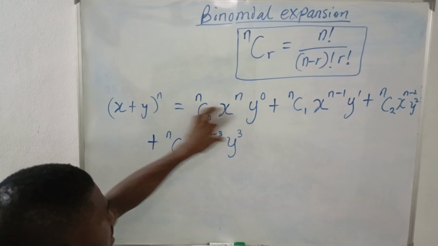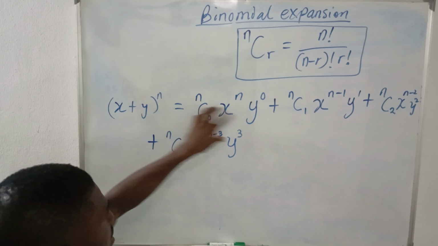Alright, so at any point in time, x here will carry the power n minus r, and y is going to carry the power r. Okay?